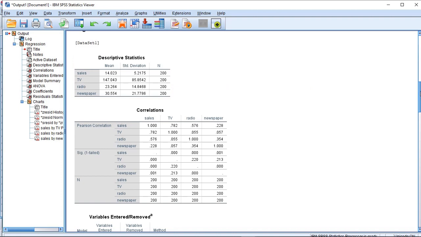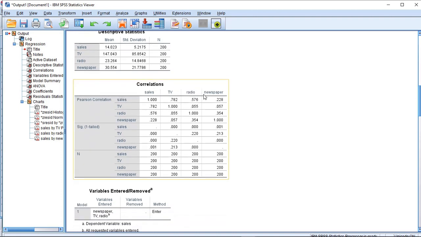And below that is the correlation matrix. We want to find the relationship between the variables. As you can see, the diagonal here is 1, because it is sales against sales, so the relationship is obviously 1. But the relationship between the TV contribution and sales is 0 point something, which is very high, a strong positive linear relationship, and we are going to look at the model.